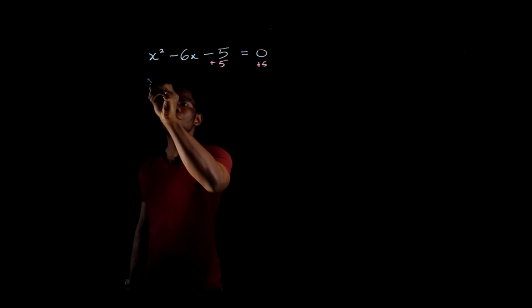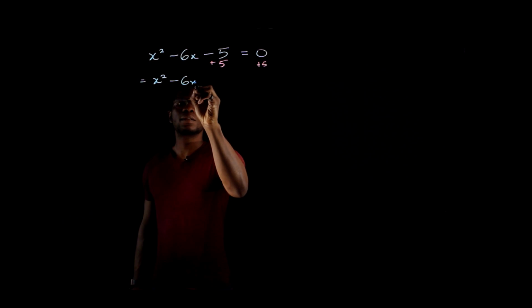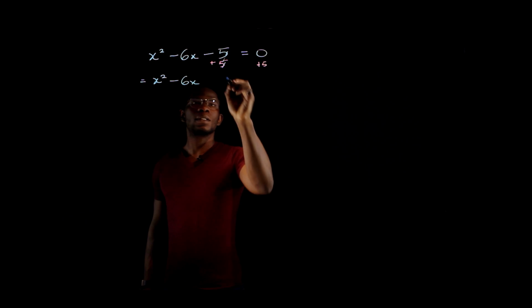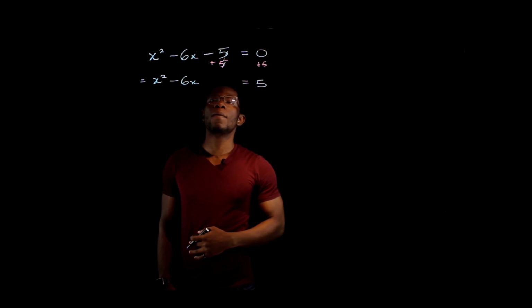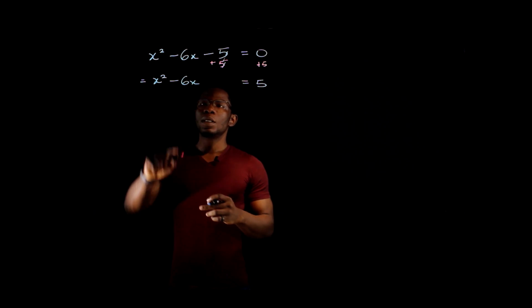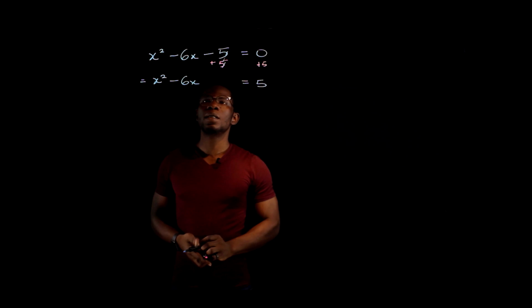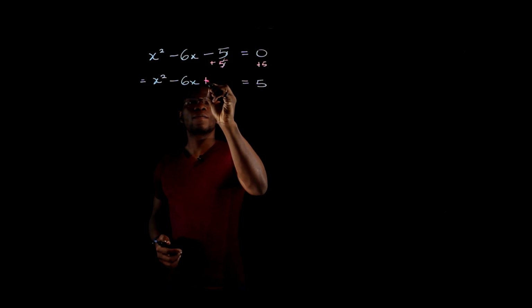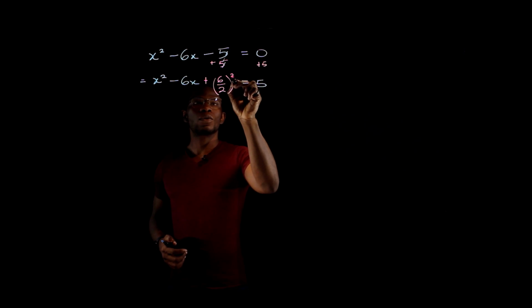And so our new equation is going to be equal to x squared minus 6x. This cancels out this 5 here. Now the next thing to do is to divide the middle term here by 2 and square it. So we have 6 divided by 2 all squared.